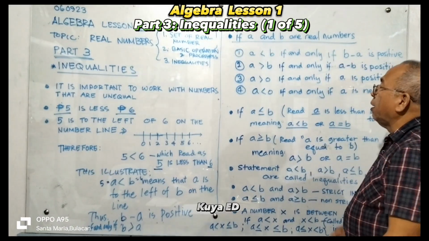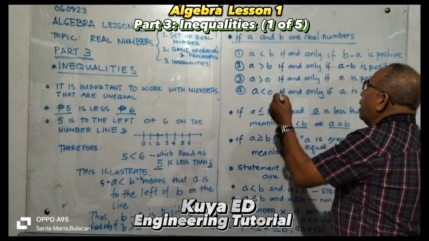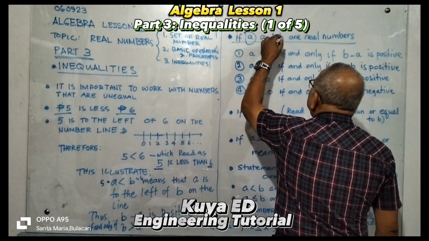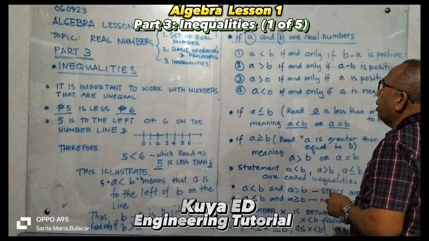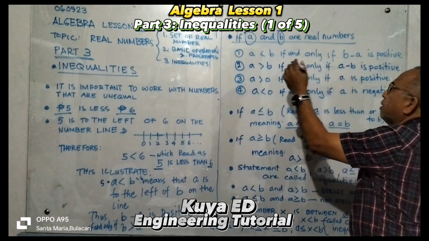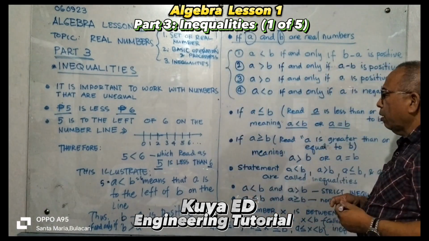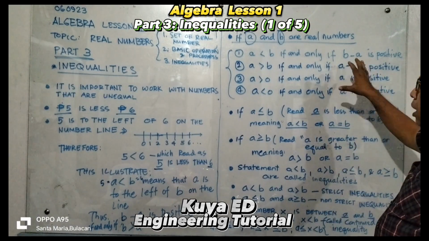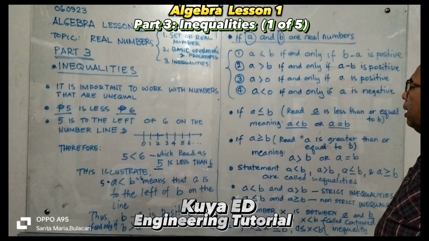Okay, so tutuloy tayo. Now, ang sabi dito, if A and B are real numbers, therefore, these are the statements na pwede nating i-consider. Sa inequalities, mayroon tayong mga symbol na ginagamit.